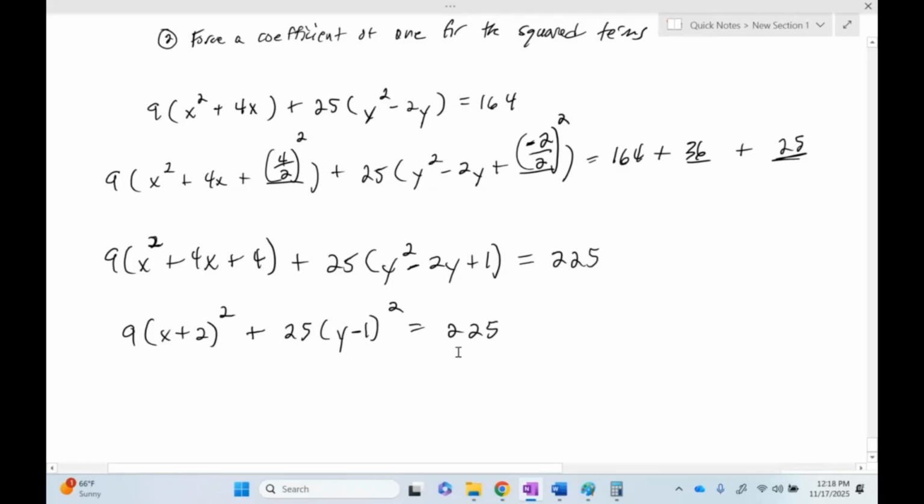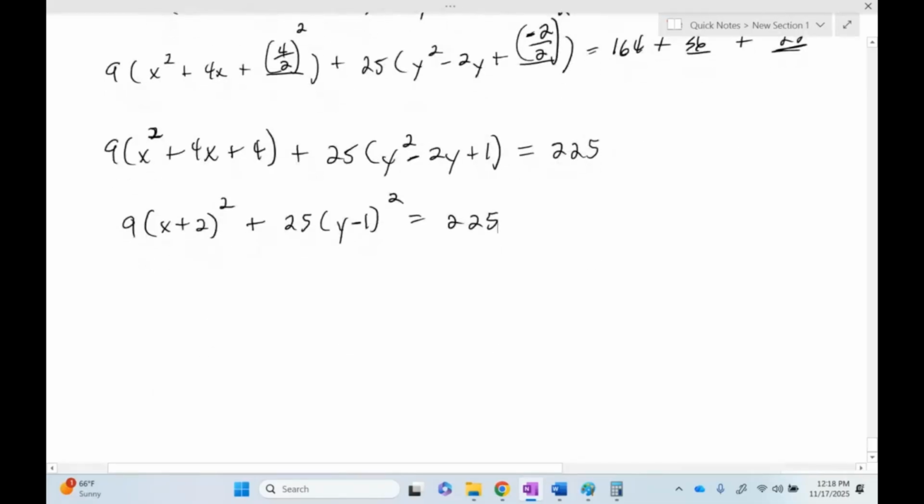Okay, and now we want to write it in standard form. So I'm going to divide both sides by 225.